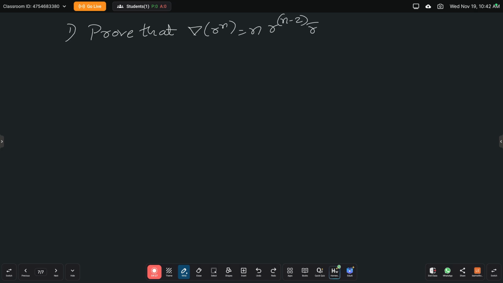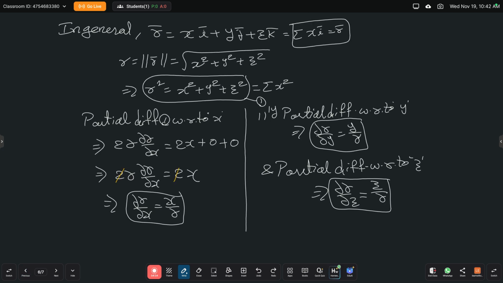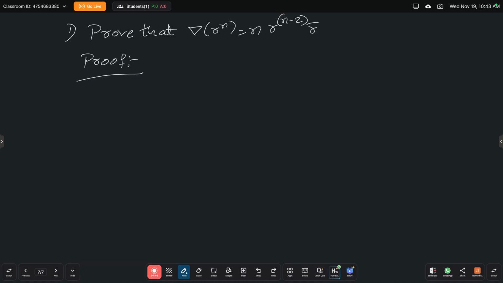For proving this, it is not mandatory to write all these things, but it is mandatory to remember all these cases. Instead of discussing them in each problem, I explained them here in a simple manner. Now I take del of r power n.